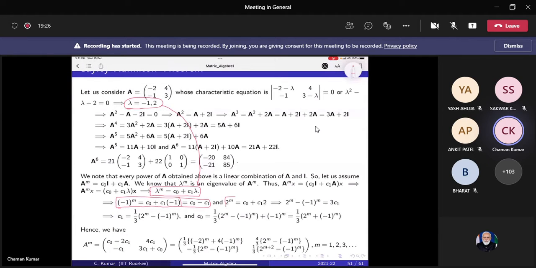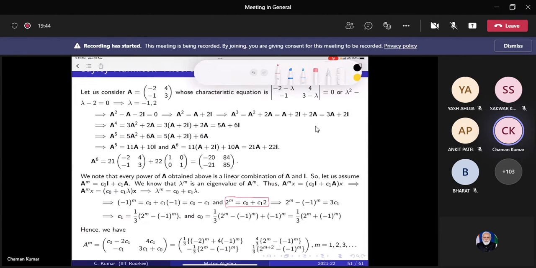The left hand side is 2^m, and the right hand side is C0 plus 2 C1. So we have these two equations now, corresponding to these two eigenvalues. Fine. So the first equation is C0 minus C1 is equal to (-1)^m, and the second equation is C0 plus 2C1 is equal to 2^m.